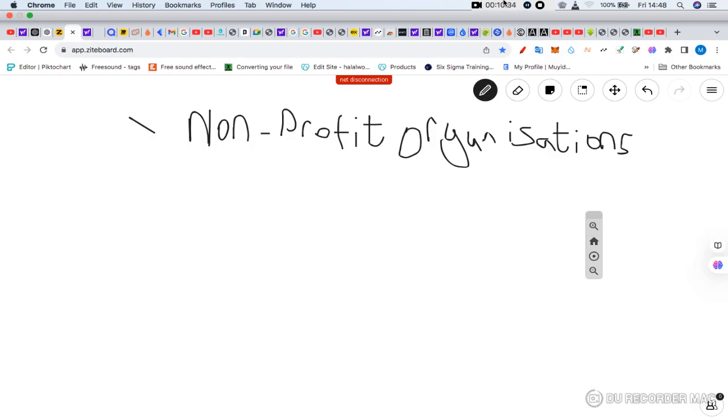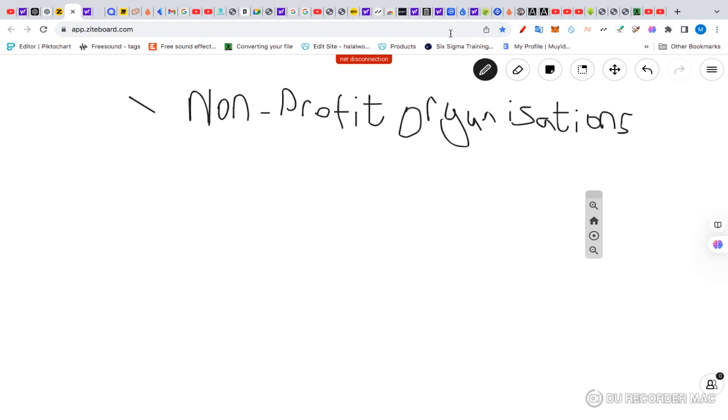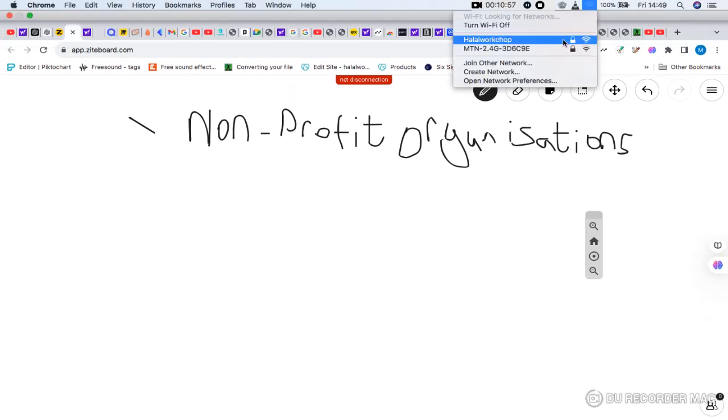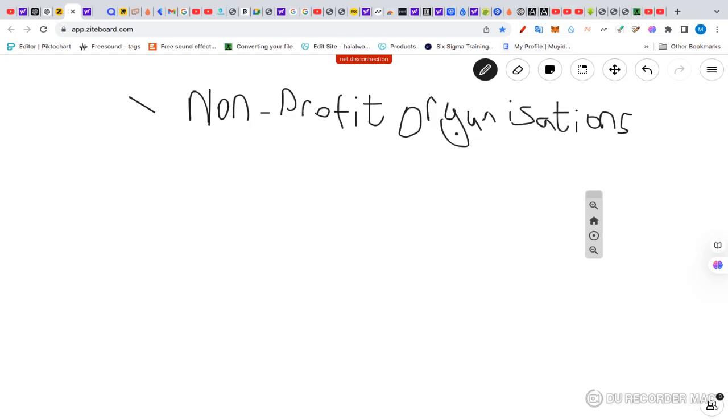We'll also talk about the features of non-profit making organizations. We've talked about the meaning of non-profit making organization, and now we're going to be talking about the comparison, the difference between trading organizations and non-profit making organizations.